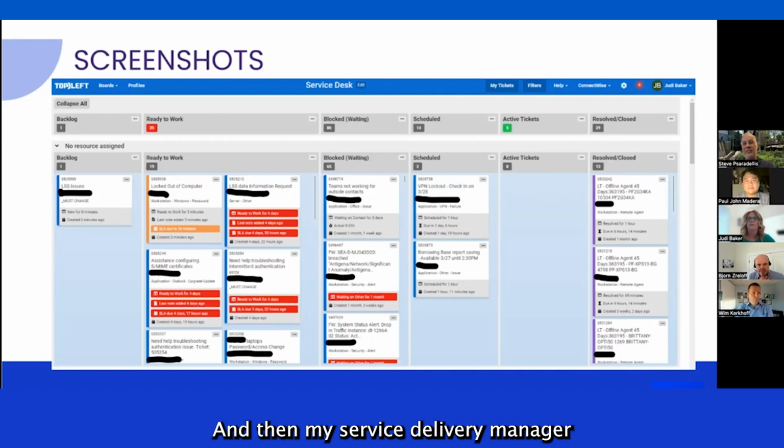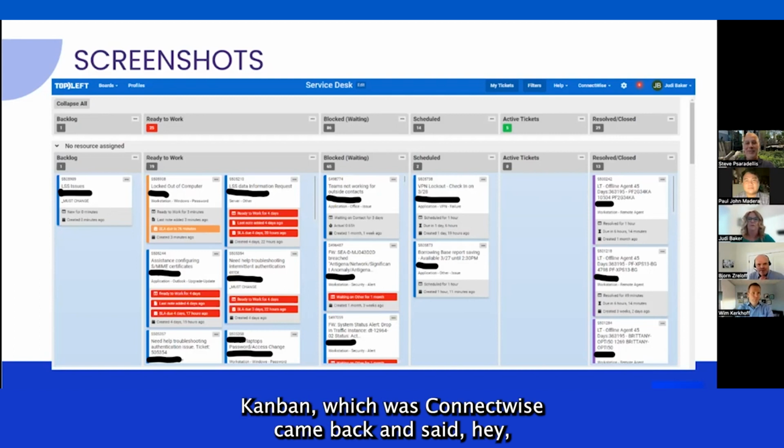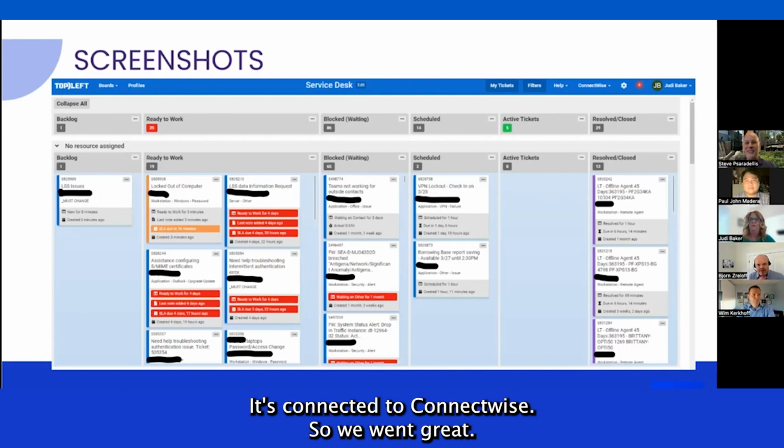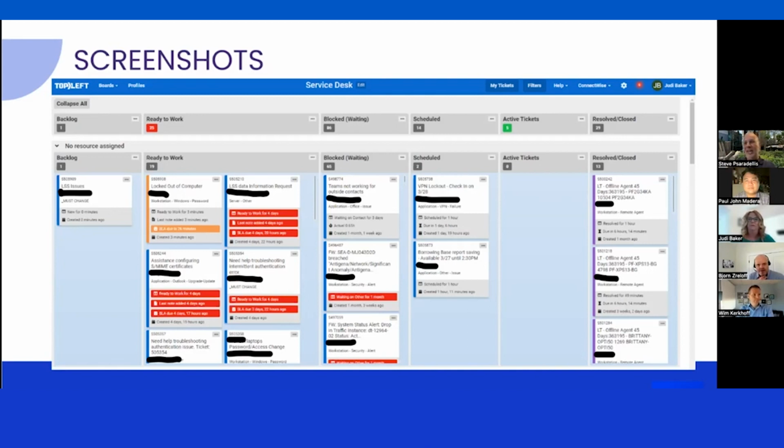Then my service delivery manager accidentally stumbled across what was then known as CW Kanban, which was ConnectWise Kanban. And he said, "Hey, Steve, there's software out there that already does this. It's connected to ConnectWise." So we went, "Great!" So we dumped our project and started implementing CW Kanban.